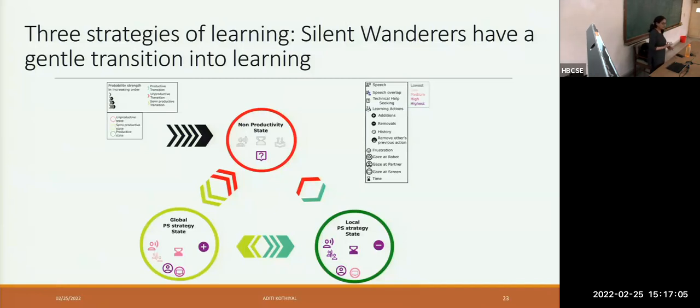So what this tells us is that we need to intervene with these people earlier, because we cannot allow them to go into this light green state, which is a sort of unstable state. From here, they can very easily fall back to the state of non-productivity. So if we find them over here, we need to intervene and make them move to another state.